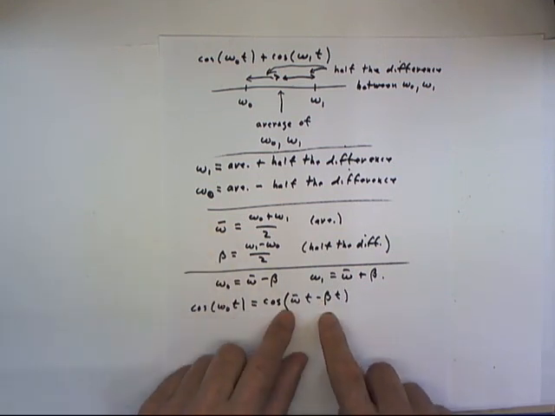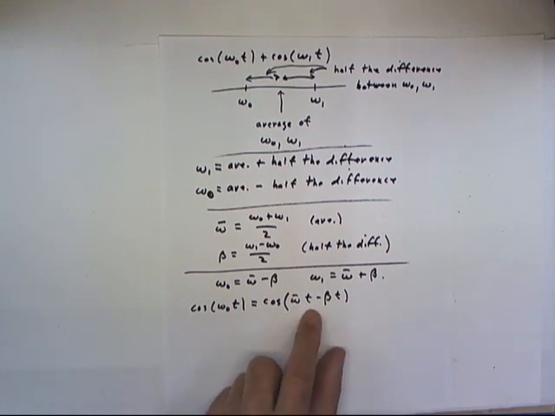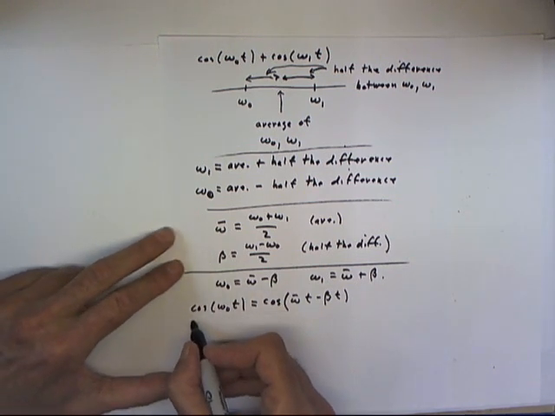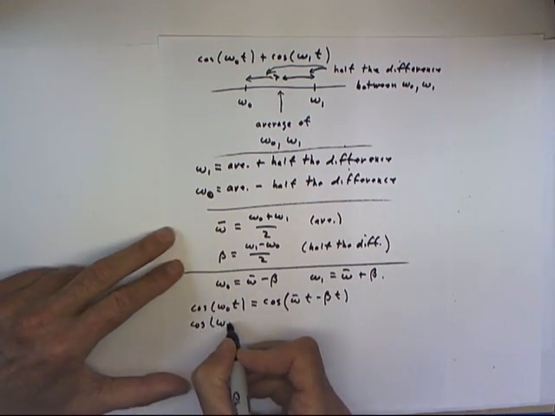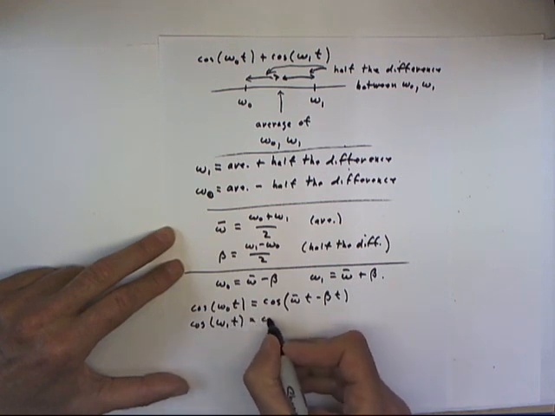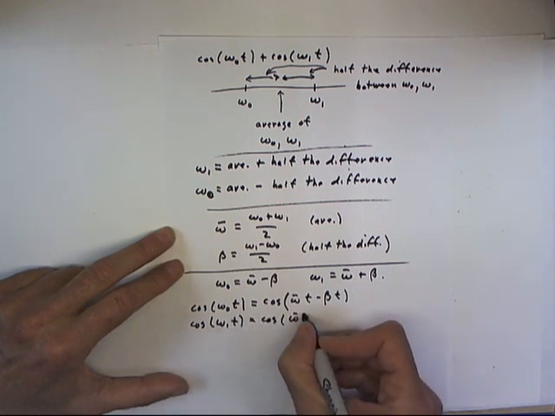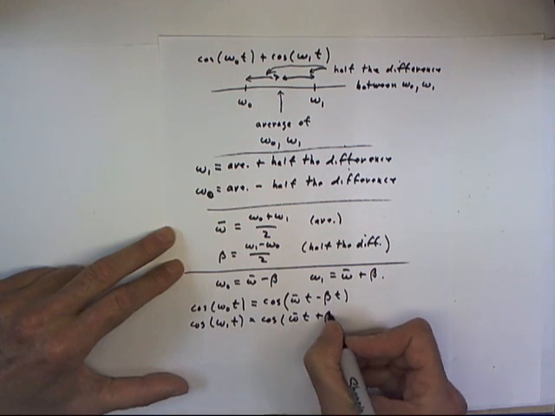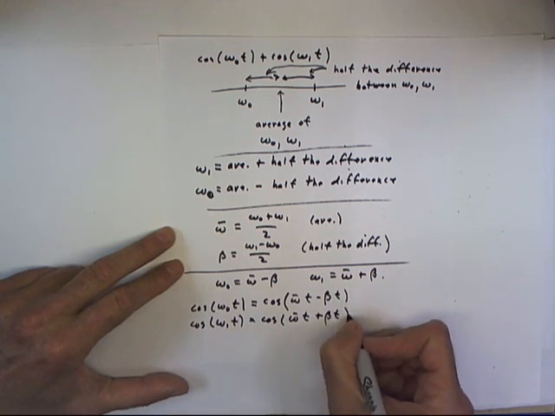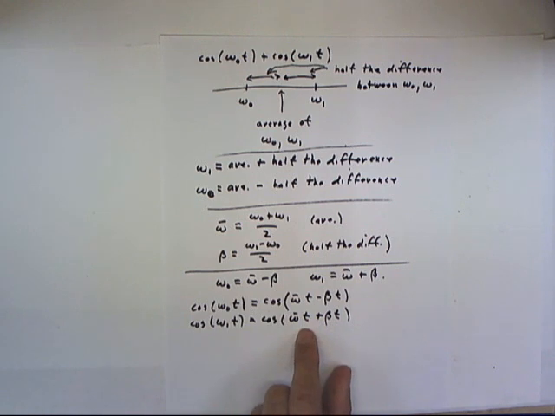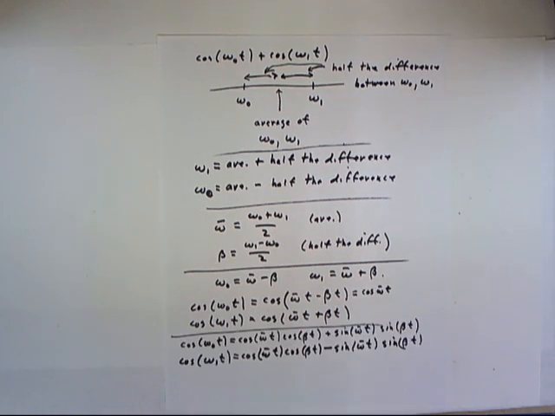And of course we do have the formula for the cosine of the sum or difference of two angles, which we talked about just in the last clip. And we can also write cosine of omega 1 t equals cosine of omega bar t plus beta t. And we have a formula for this.